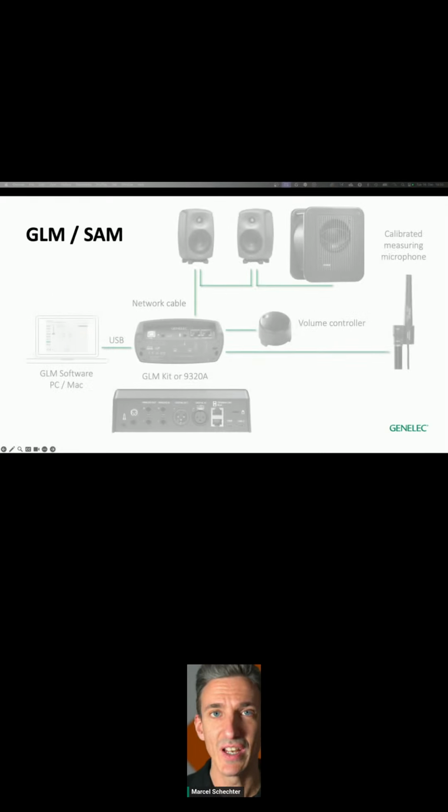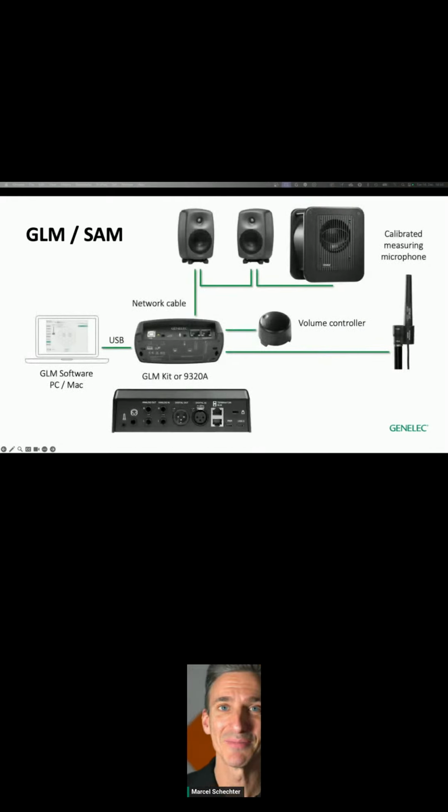Yeah, and mentioning GLM, we already did, of course, a lot of webinars about that. So very, very short introduction. This is somehow, in my opinion, the most clever and indeed the smartest way of handling all of these things, because the speakers have DSPs. You can calibrate with our GLM software, so you can see results instantly. It's very easy to use.